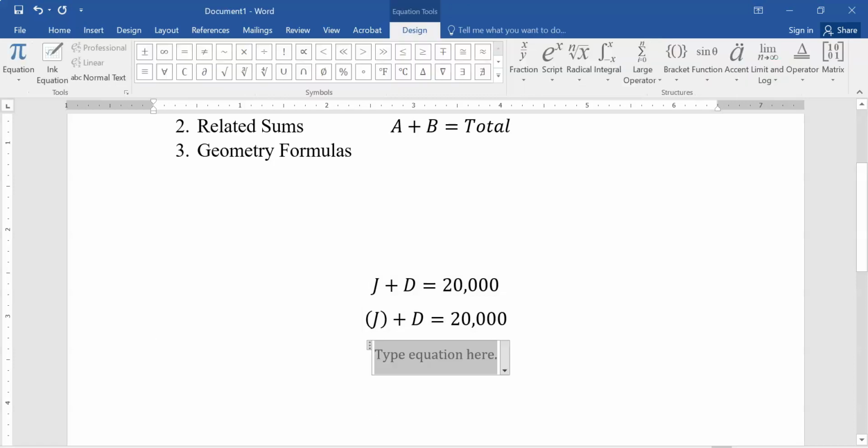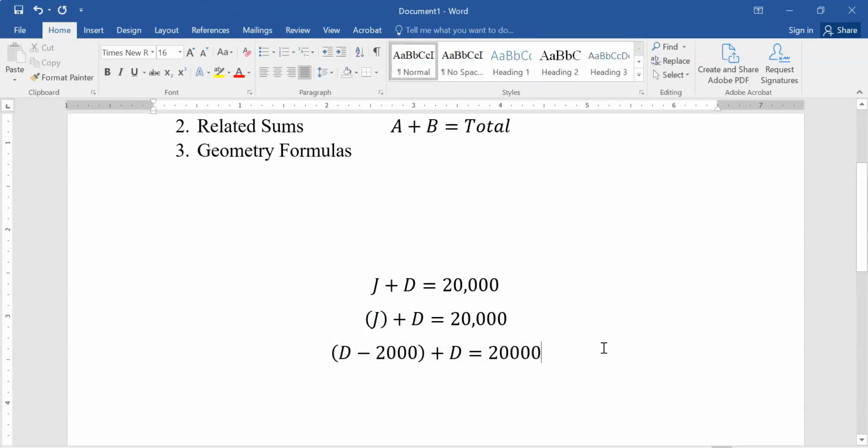Now here's the key. That's the amount Jack has. So 2,000 less than Diane is basically saying I can replace the amount Jack has, the J, with D minus 2,000.